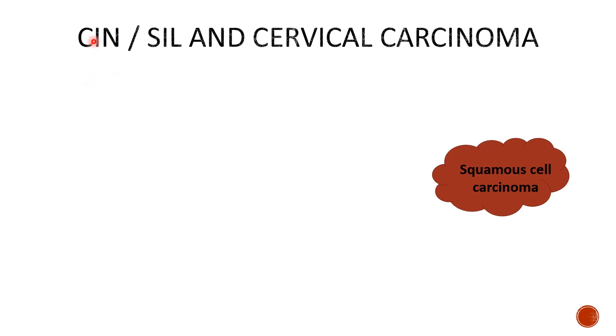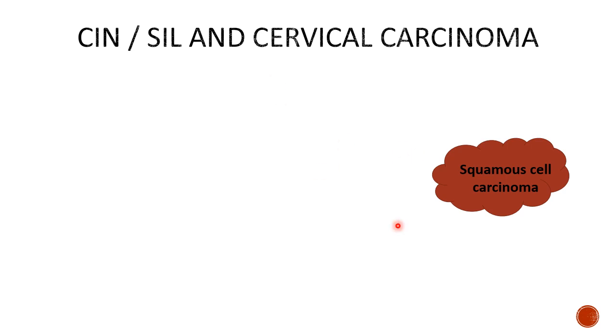Okay, so CIN, cervical intraepithelial neoplasia, or its other name, squamous intraepithelial lesion, SIL, and cervical carcinoma will be discussed together, because obviously this is a precursor to this, therefore they share the same pathogenesis, they share the same risk factors, so it makes sense for us to discuss them together.